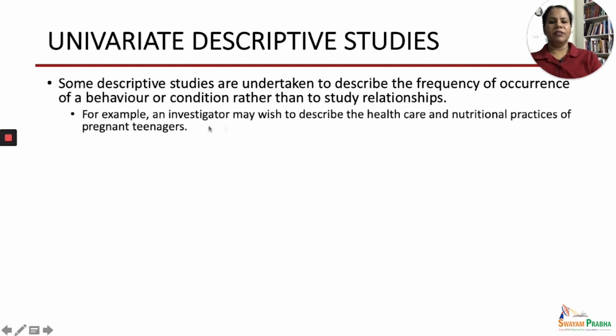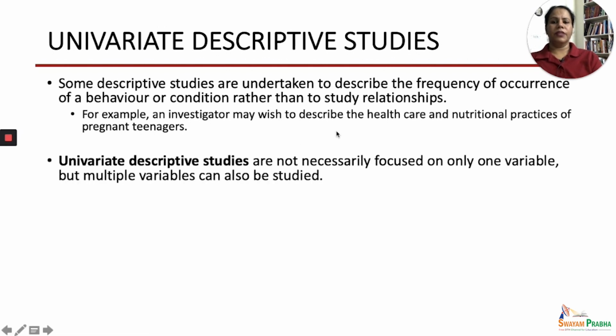For example, an investigator may wish to describe the healthcare and nutritional practices of pregnant teenagers. So the researcher may be interested in describing how the healthcare and nutritional practices of pregnant teenagers are present. That can be simply described.